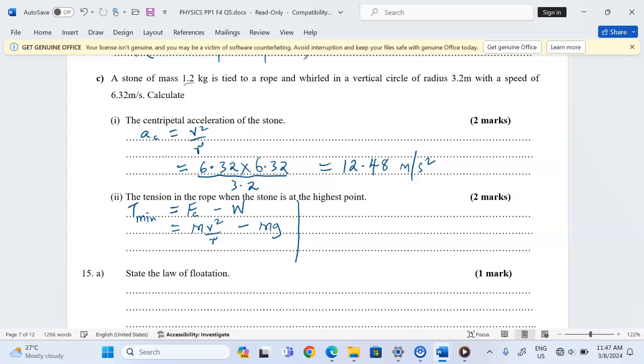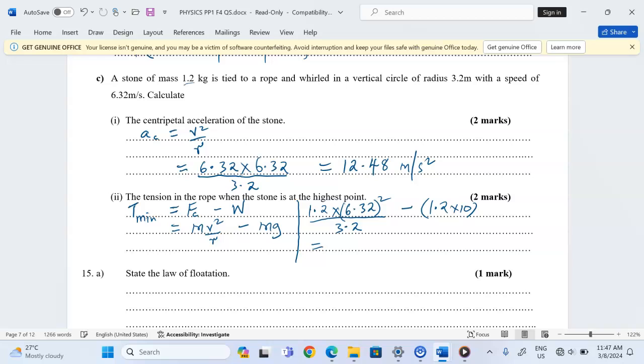To substitute this, we need a mass of 1.2 times, remember v squared over r is the centripetal acceleration, but we can still substitute once again 6.32 squared, divided by radius of the path, which is 3.2. Then we subtract 1.2 times g, which is 10.